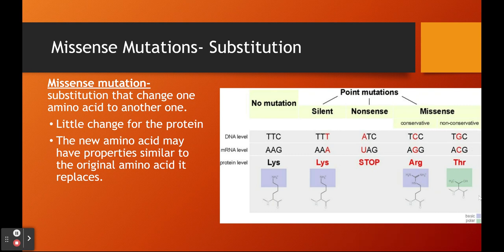Look how its shape is more flat and pancake-like. That is a completely different shape. That gives us threonine instead of arginine. We change the amino acid. In this case, this amino acid will drastically change the shape of the protein because of its chemical elements attached to it. So, missense mutations, you can have two kinds, but as long as you remember, hey, we're going to change an amino acid in this type of mutation.